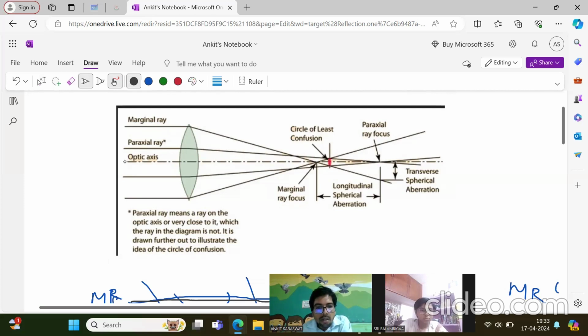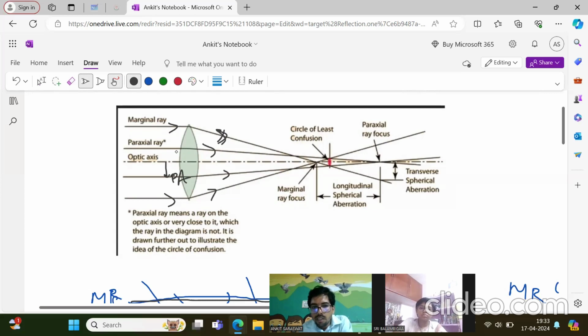This is the optical axis, or principal axis. And these are the marginal rays. I just show two rays, but there will be many marginal rays far away from the principal axis. This is known as paraxial rays.